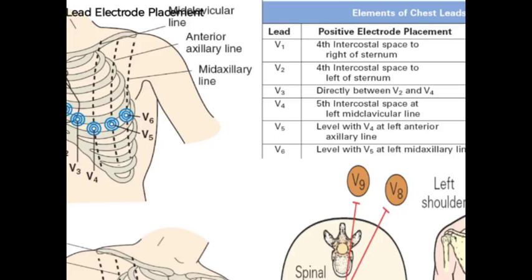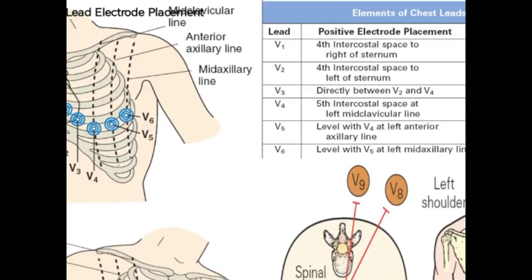Here we have V1. That's the positive electrode placement. We put V1 here on the fourth intercostal space to the right of the sternum. This is the fourth intercostal space to the right of the sternum.